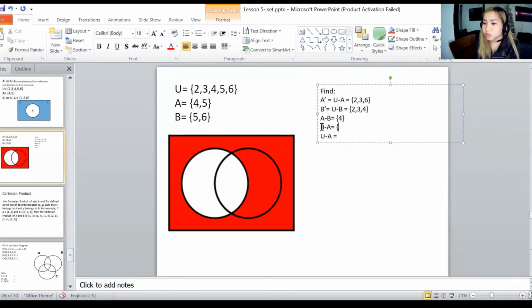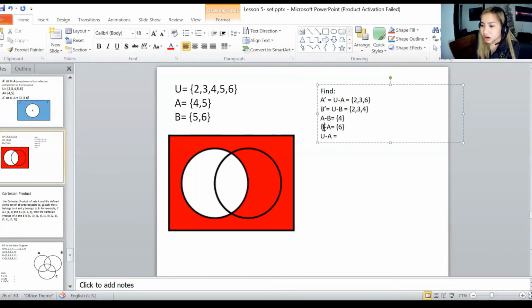Dito naman po, kapag ganito naman po, ibig sabihin, yung mga elements na meron sa B na wala sa A naman. So, ang una natin titingnan is yung B. So, meron po bang 5 dito sa set A? So, meron yan. Meron po bang 6 dito sa set A? Wala. So, ang final answer natin, kapag kinuha na natin yung B minus A or yung reflective complement ng A in B is 6.